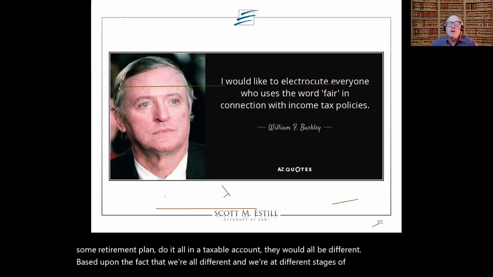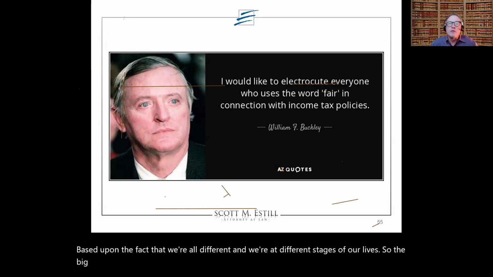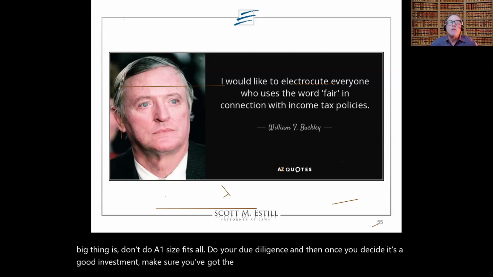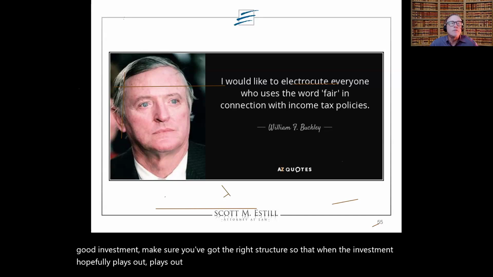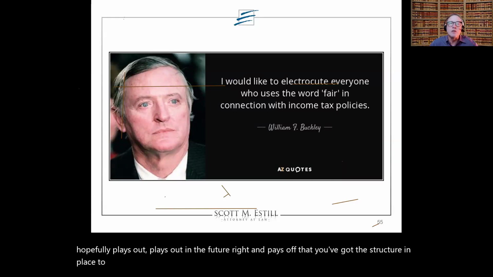So the big thing is don't do a one size fits all. Do your due diligence. And then once you decide it's a good investment, make sure you've got the right structure so that when the investment hopefully plays out in the future and pays off, you've got the structure in place to best maximize the tax deductions and the income.